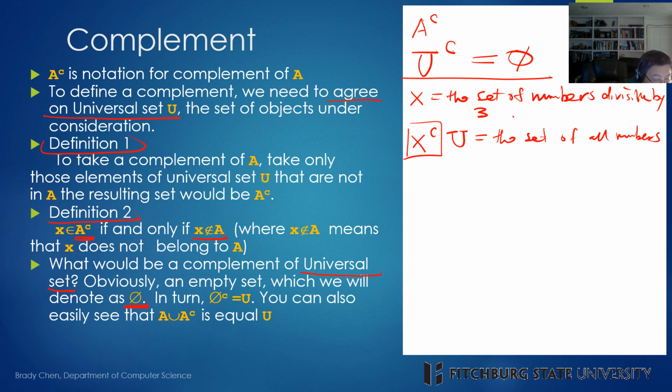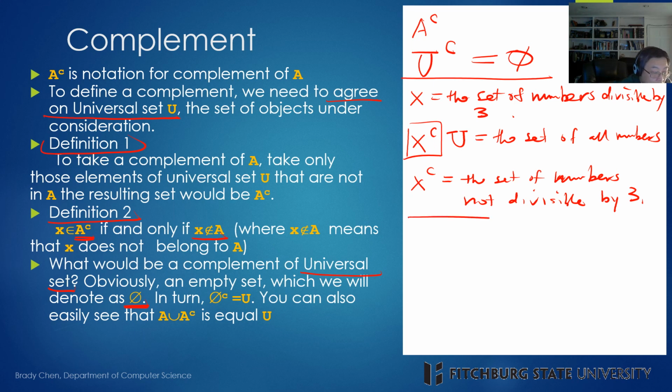And so the complement of C is the set of all numbers not divisible by 3. As long as they're not divisible by 3, that's the complement of C.